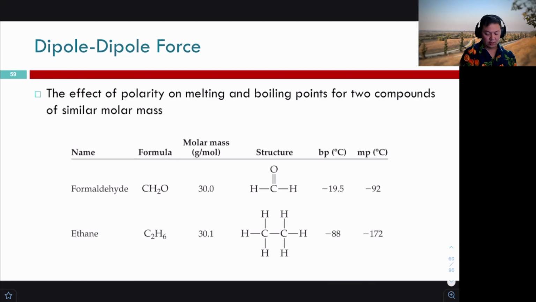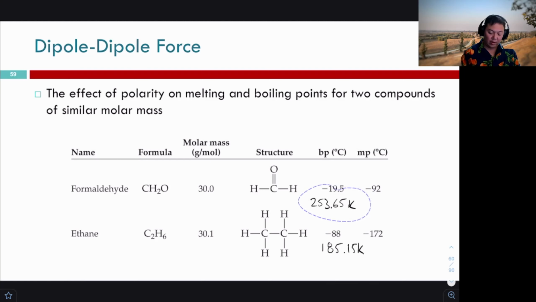Let me convert these to Kelvin, actually. So this is 253.65 Kelvin, and this is 185.15 Kelvin.